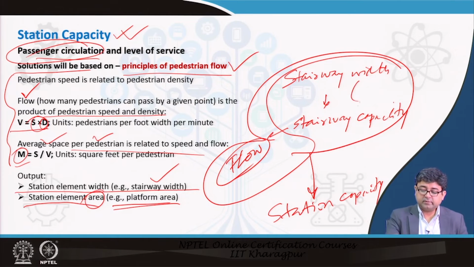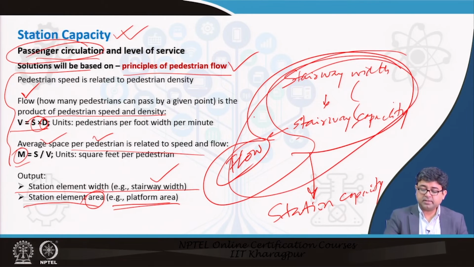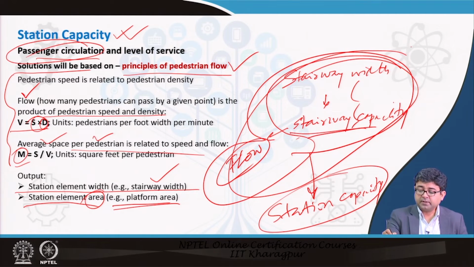So, stairway width, stairway capacity will be in terms of flow. So, this is one element. Similarly, for the stairs, you may have to calculate the capacity of, say, the elevators. So, you know the capacity of the elevators, you add this capacity to that capacity, or you say which is the maximum capacity or which is the minimum capacity, and that will give you the station capacity.